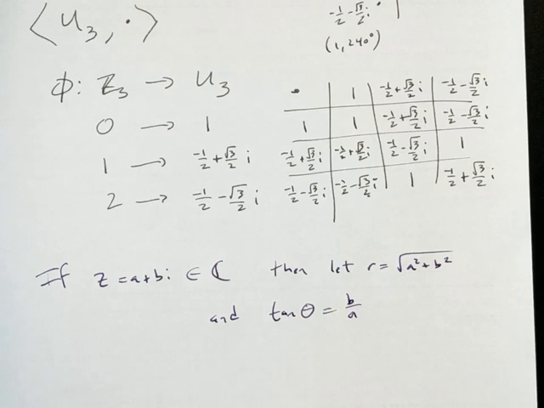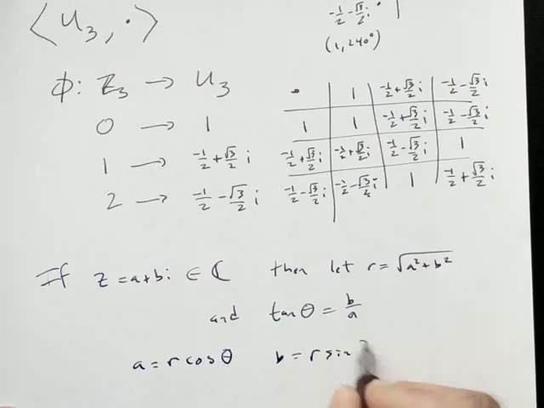Another way to think of that is to say I want to let A equal r cosine of theta and B equal r sine of theta. And those are exactly the same transformations we used back in chapter 10 in Calc 2, polar coordinates.